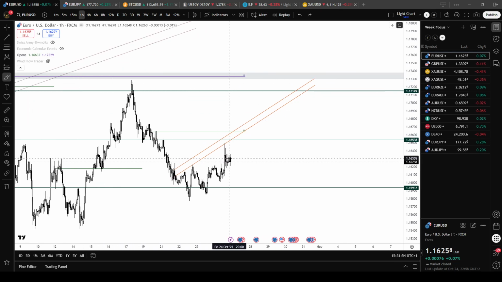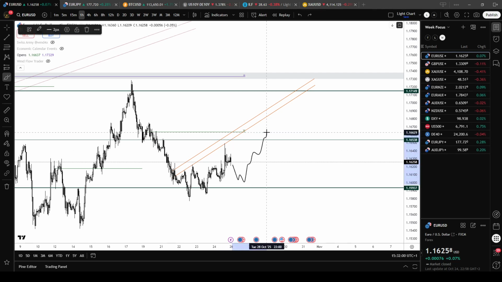So I'm imagining this scenario and something like this on Tuesday, then boom, this, so fill the gap, retest the monthly open, and then boom, close below.